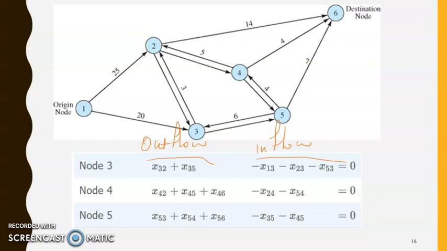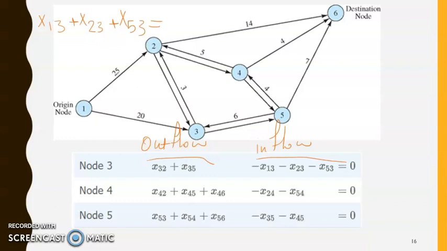If you write it in your regular way, that's, for example, x13 plus x23 plus x53. Now I'm working on the inflow of 3 because it gets it from 1, from 2, and from 5. 3 arrows go inside 3, equal to the outflow.